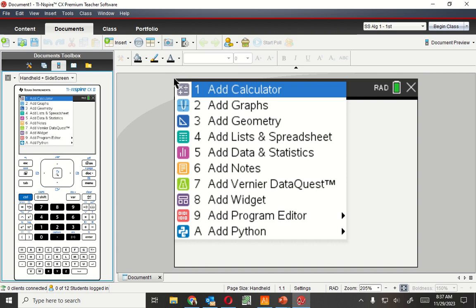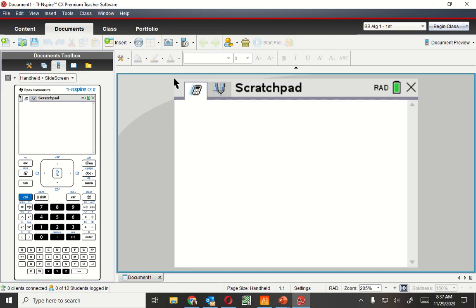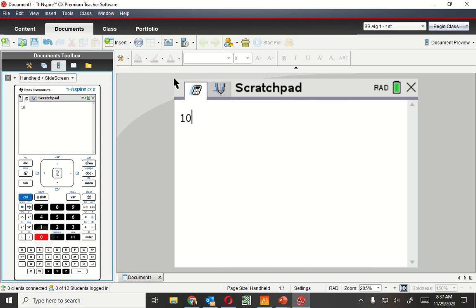I'm just going to do it on a regular scratch pad. 100 e raised to the negative 0.000121, open parentheses, 2,000, close parentheses, and hit enter.